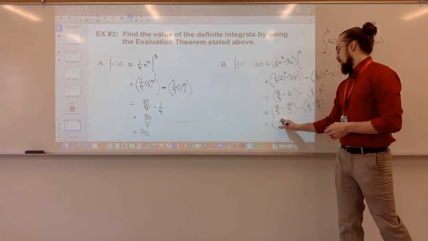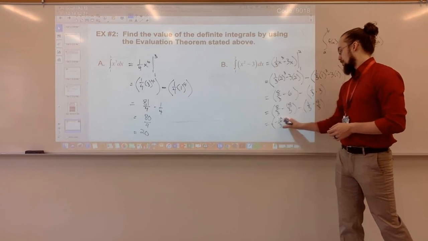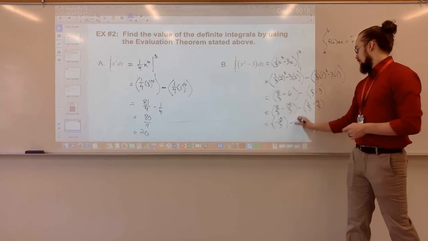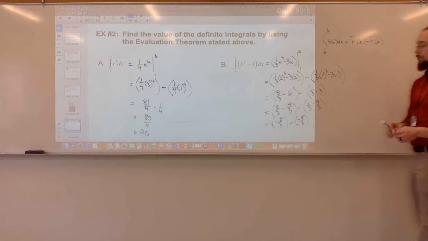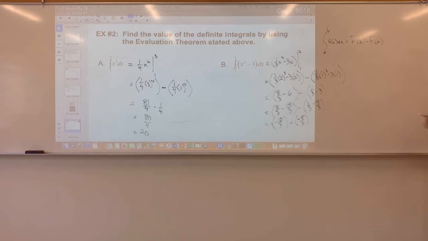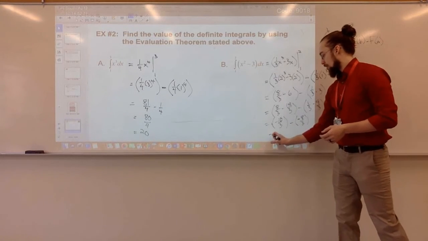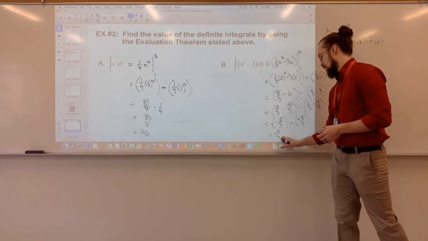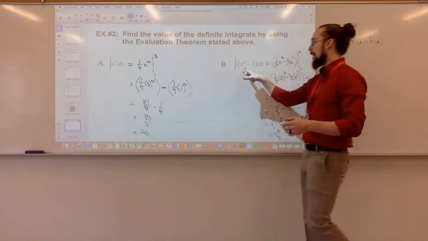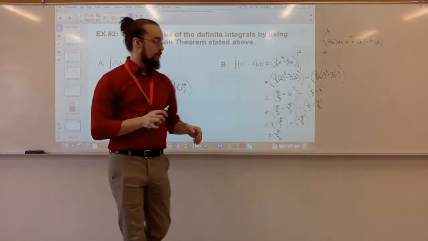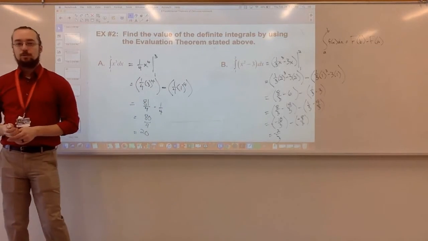So negative 10/3 minus negative 8/3. So negative 10/3 minus a negative 8/3 would be negative 2/3. So the exact area under x squared minus 3 from 1 to 2 is negative 2/3.